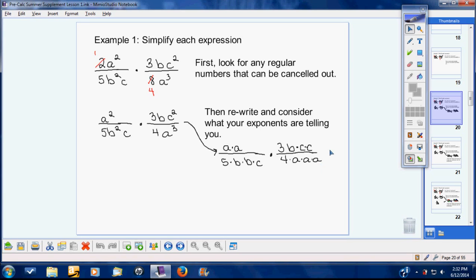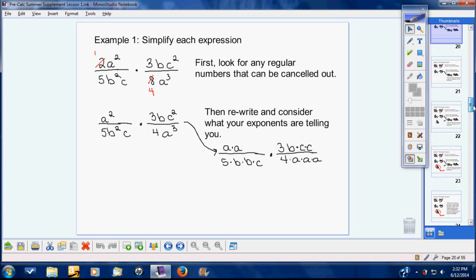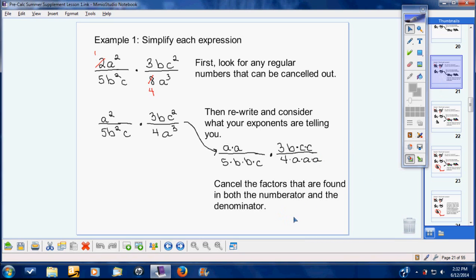What that means is we have factors. Each one of these things is a factor. So factors can be canceled. We can take anything that's found in the numerator and the denominator and cancel it out.